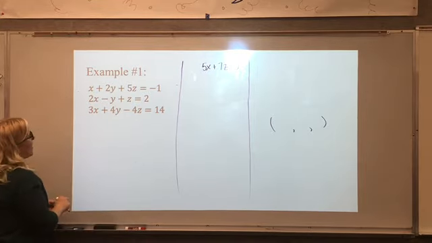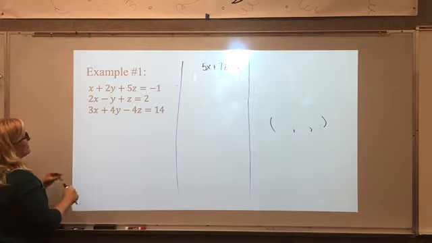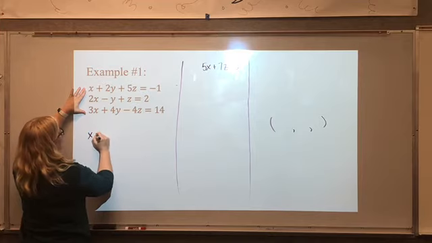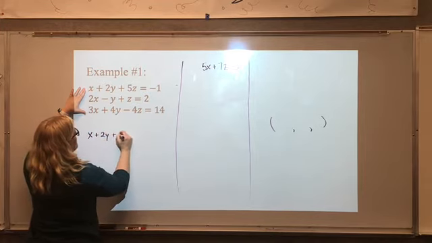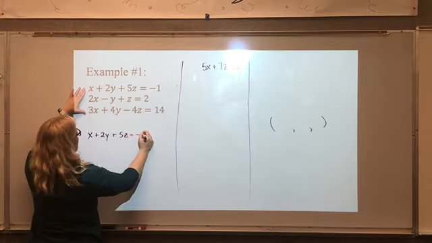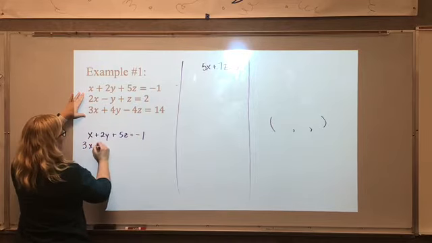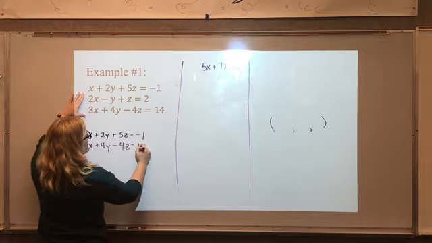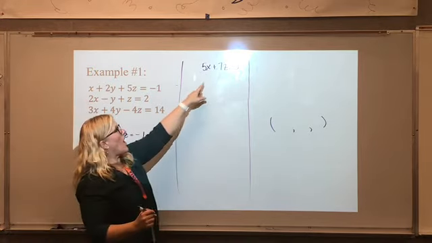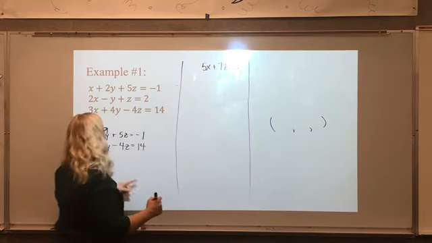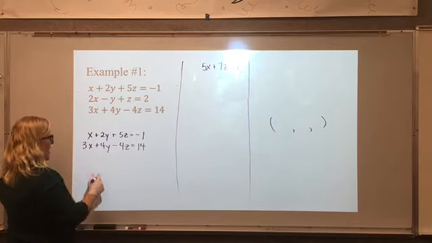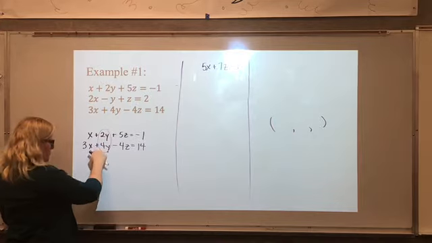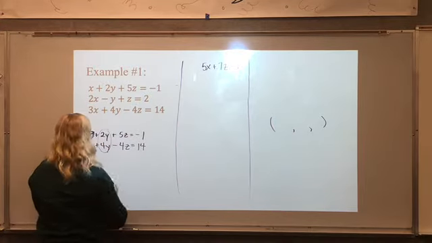And now, I think I will pick maybe the first one and the last one. So x plus 2y plus 5z equals -1, 3x plus 4y minus 4z equals 14. And since I took the y out for this one, I have to take the y out for this one. And I think the only way I can do that is multiplying through the top by a -2.